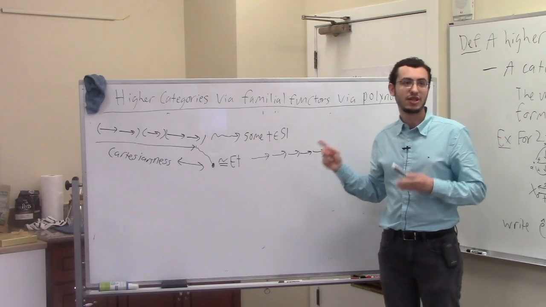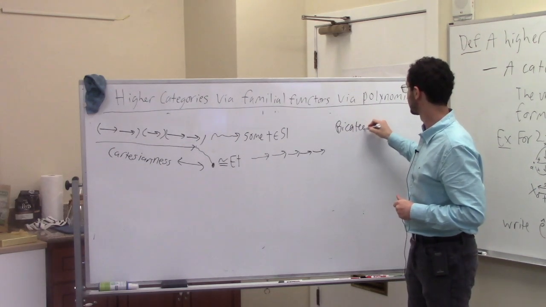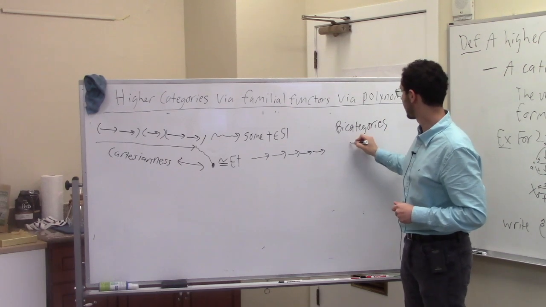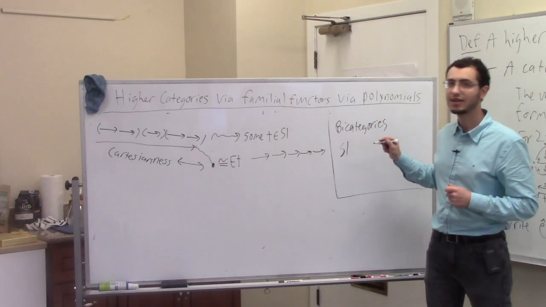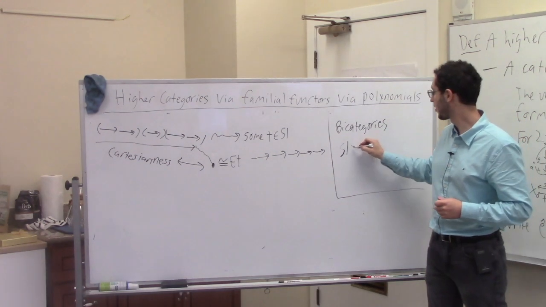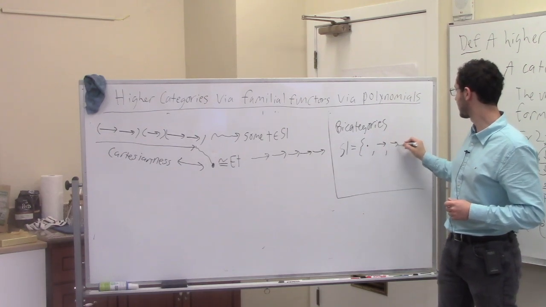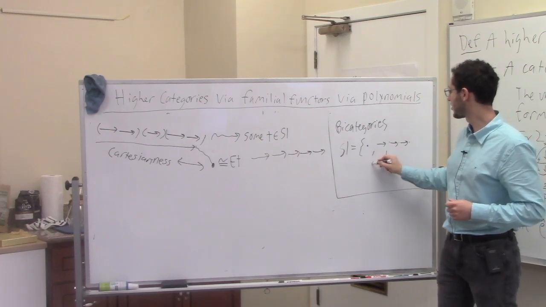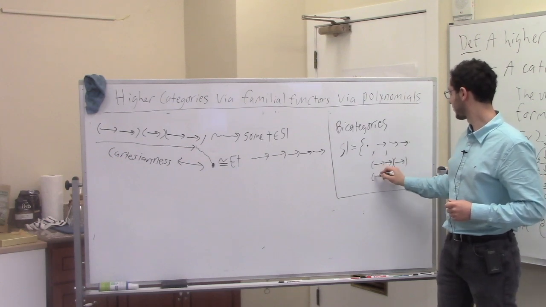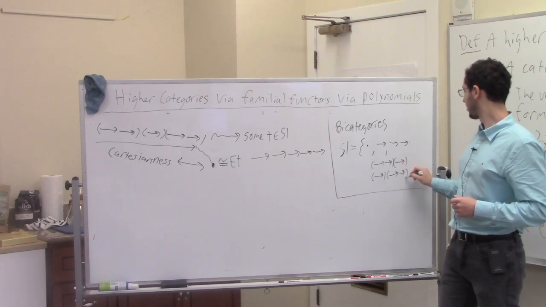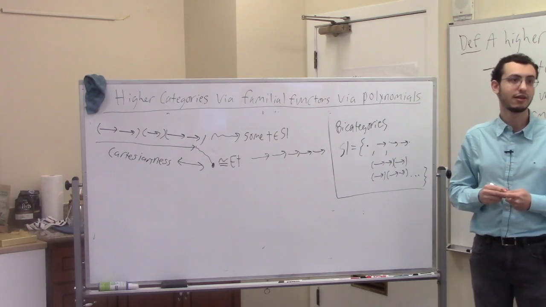That operation may not be unique. So for instance, if we were doing this for bicategories, then our list of operations, which we can compose into a one cell, might include, okay, we still have the point, we still have a single arrow, we still have a pair of arrows, but now there are different ways of composing three arrows in a bicategory into a single arrow.